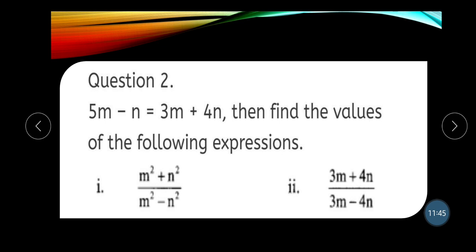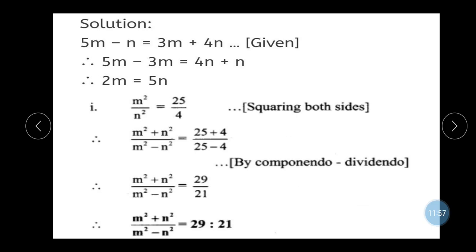Question number 2. 5m minus n is equal to 3m plus 4n. Find the values of the following expressions. These are the two sub-questions. Let us solve. First one: the question was (m square plus n square) upon (m square minus n square).